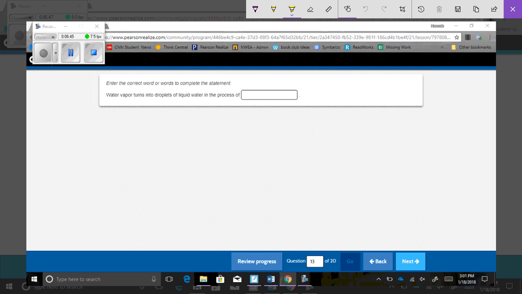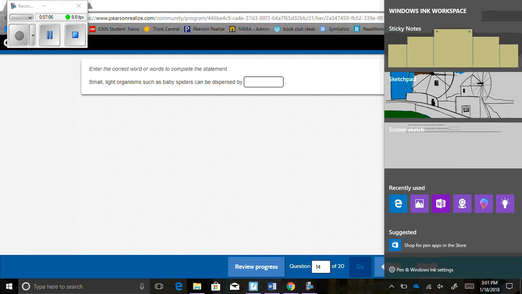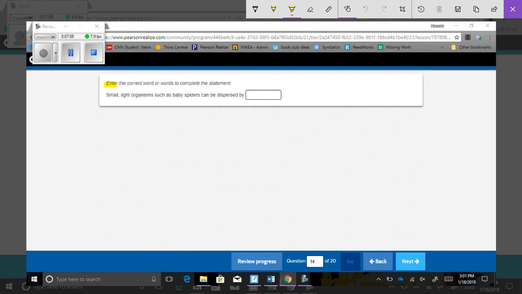Question 13. Enter the correct word or words to complete the statement. Water vapor turns into droplets of liquid water in the process of blank. Question 14. Enter the correct word or words to complete the statement.